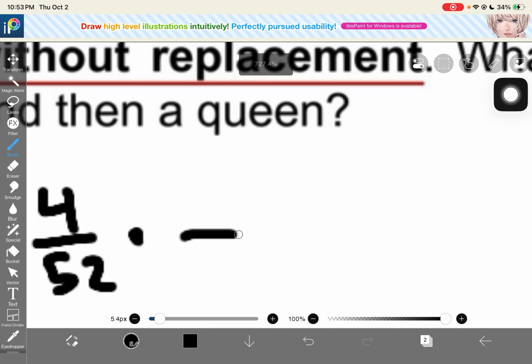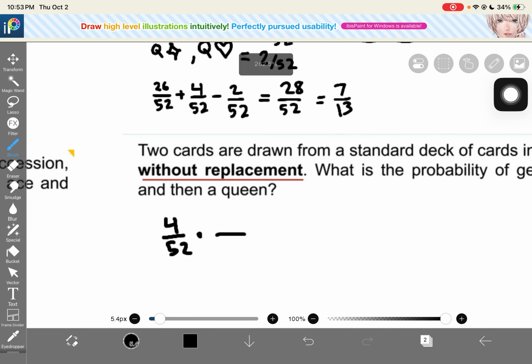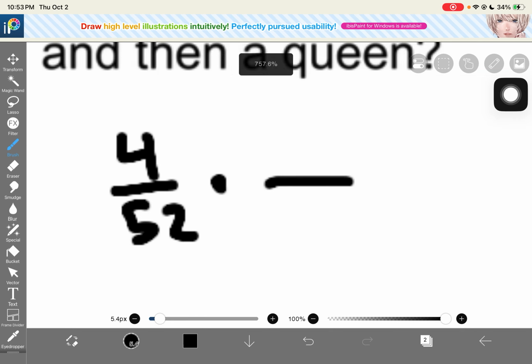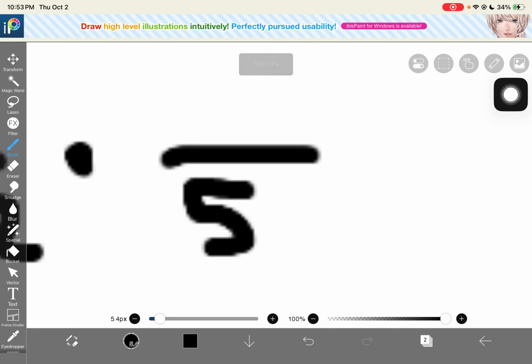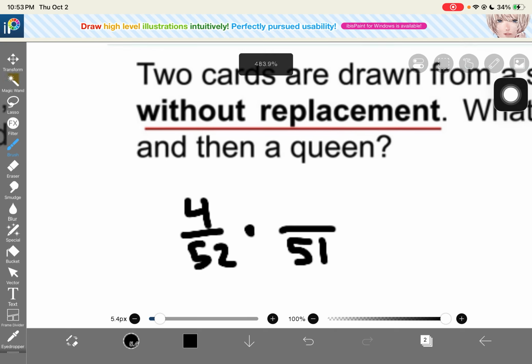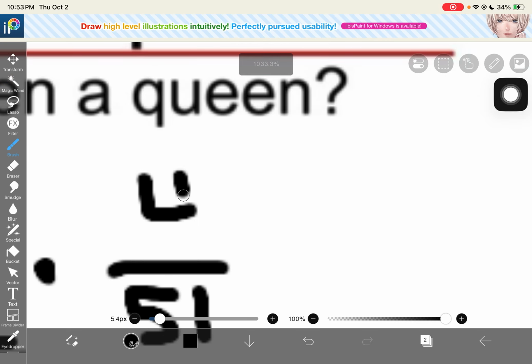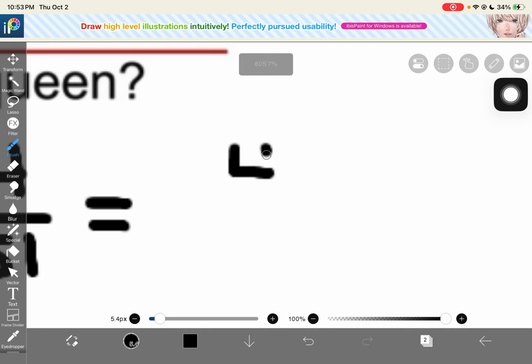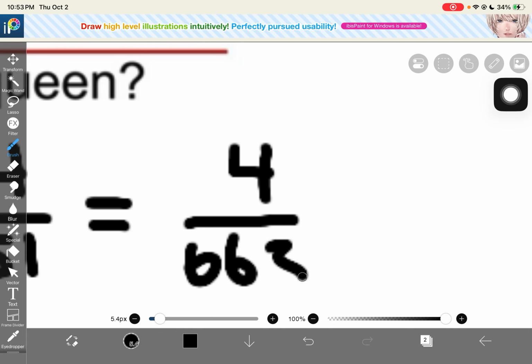Because of this without replacement, we don't put the pulled out ace back, or whatever we pulled out from the first draw. We need to remove it, set it aside. So therefore, we have 1 less card, 51. However, since we still have the same amount of queens, we still have 4 of them, we can just continue with that. So by just changing one number, we can put in our calculator that this is equal to 4 over 663.